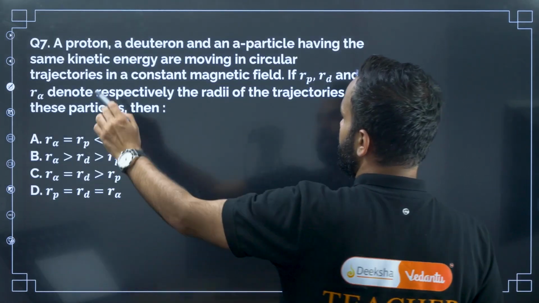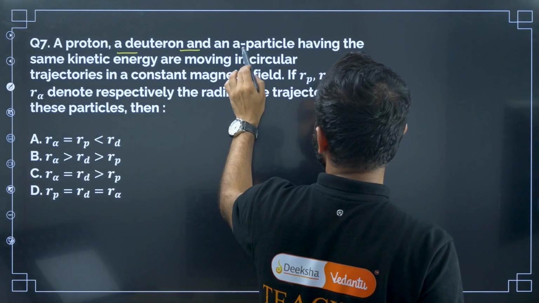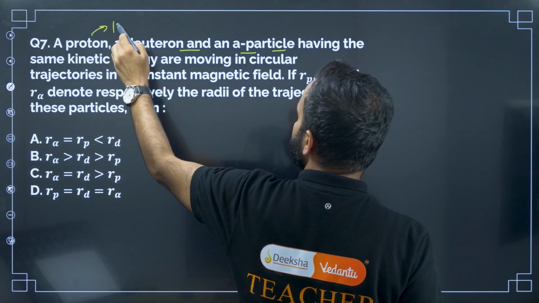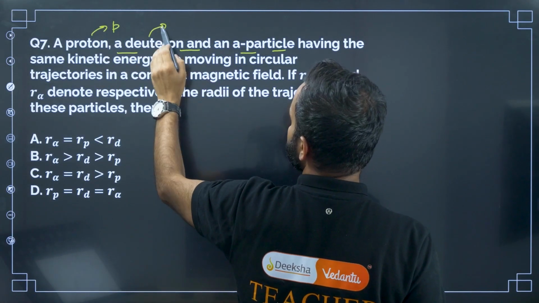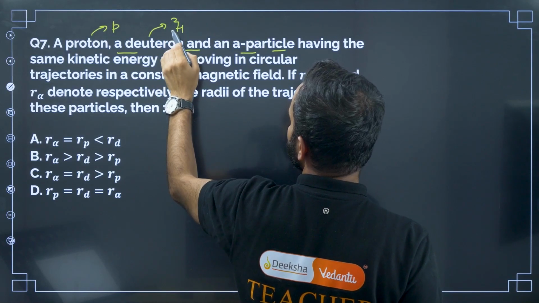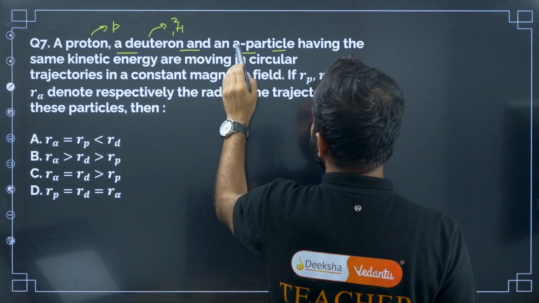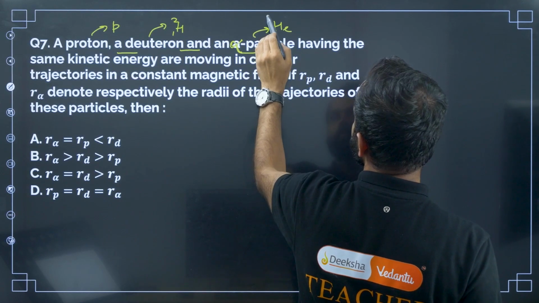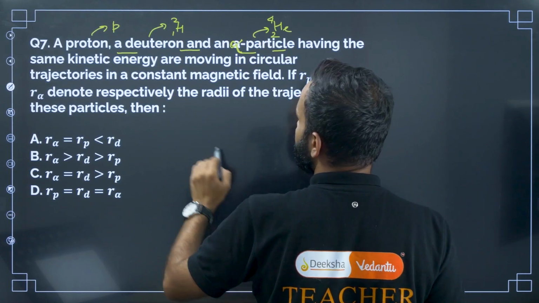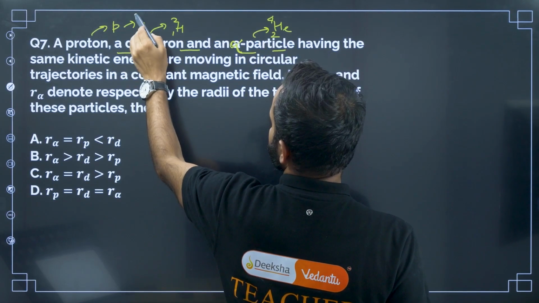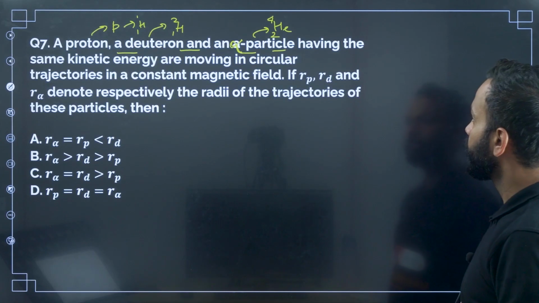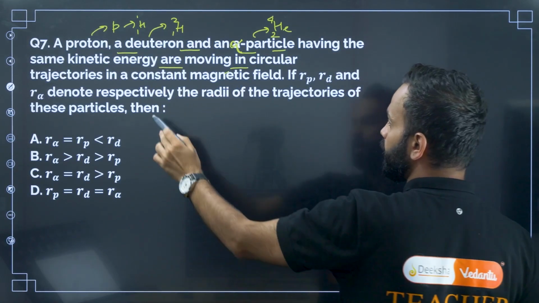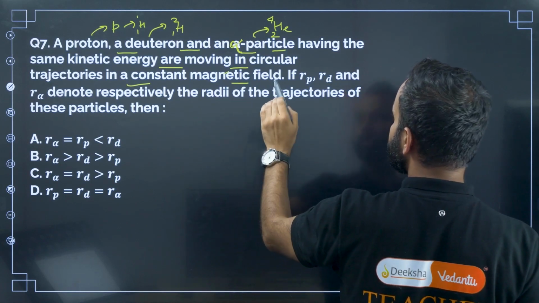Question number 7. A proton, a deuteron and an alpha particle. Proton is P, deuteron is H 2 1, and alpha particle is nothing but a helium atom, proton is nothing but hydrogen, having the same kinetic energy, are moving in circular trajectories in a constant magnetic field.